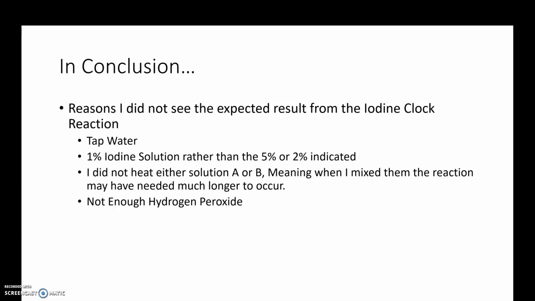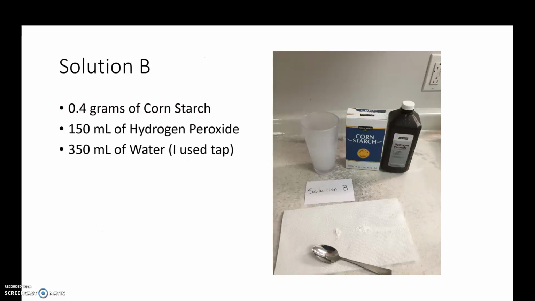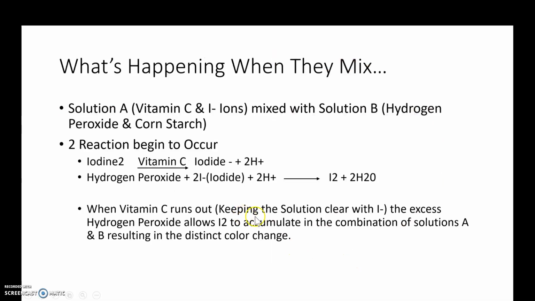This indicates some reasons why I don't think I saw the color change, but as I showed before, this is what we're seeing. I2 with vitamin C creates iodide, which keeps the solution clear. Once vitamin C runs out, the hydrogen peroxide, which should be in excess, and the iodide will create I2 and H2O.